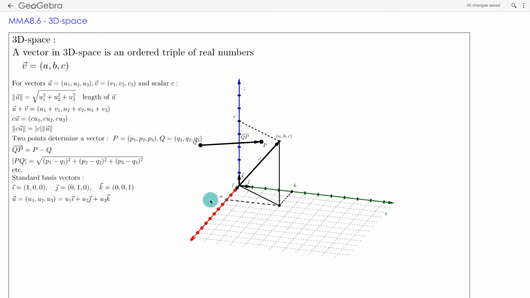The obvious definitions. So I have illustrated them down here. So here you have an i vector, a j vector, and a k vector. They just point in the direction of the positive x-axis, positive y-axis, positive z-axis.